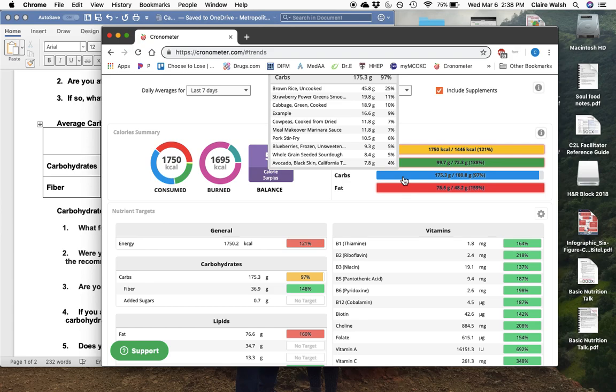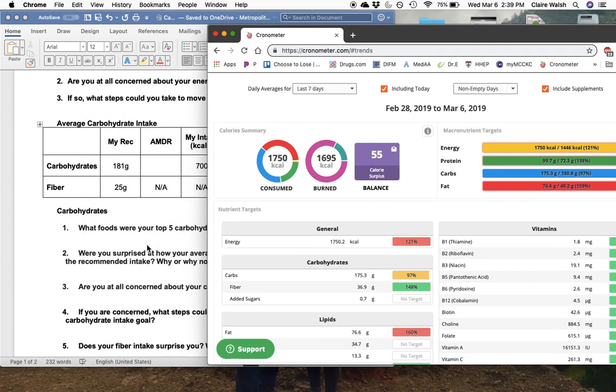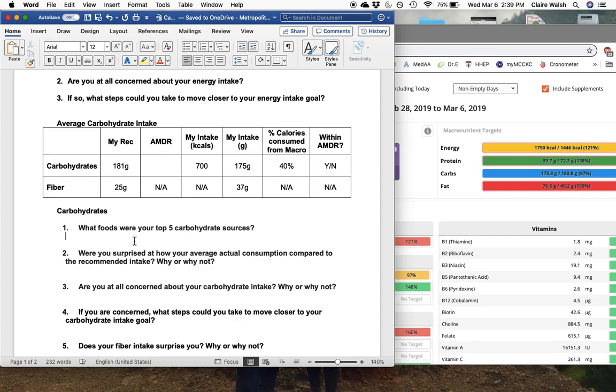So for what I was charting for those 3 days, brown rice, a smoothie, cooked cabbage, example, which was a recipe that I titled in class as example. I really couldn't tell you what it is. And cowpeas cooked from dried were my highest carbohydrate sources. So I'm just going to type those right over here.